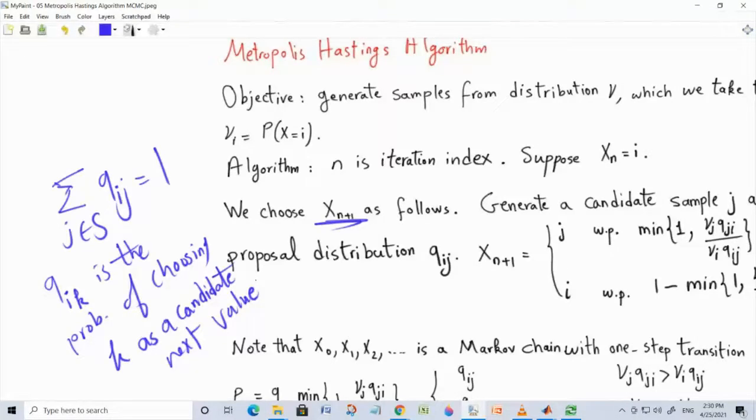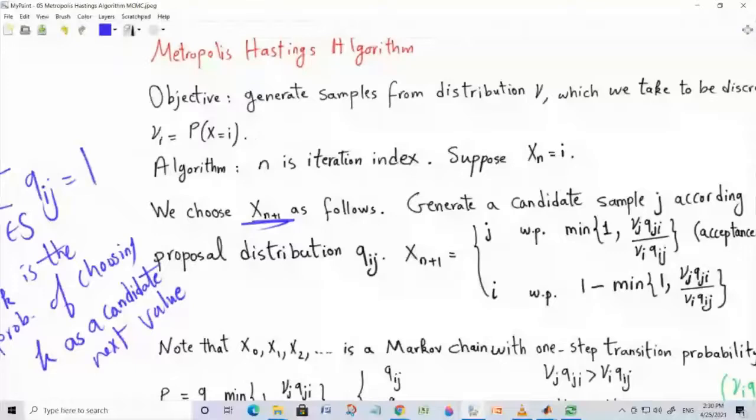Suppose the last sample that was generated is i. Because of the argument I gave, if everything is discrete, you can take all your possibilities and rename them by establishing the bijective map with the natural numbers.